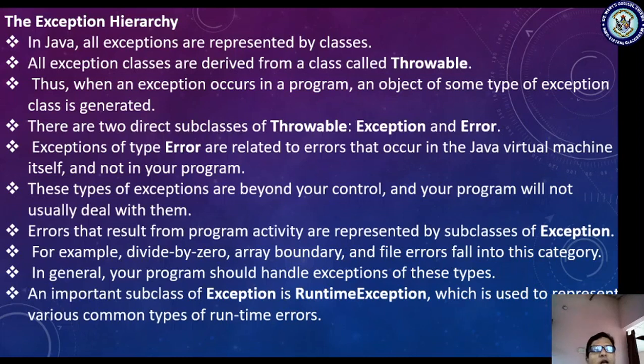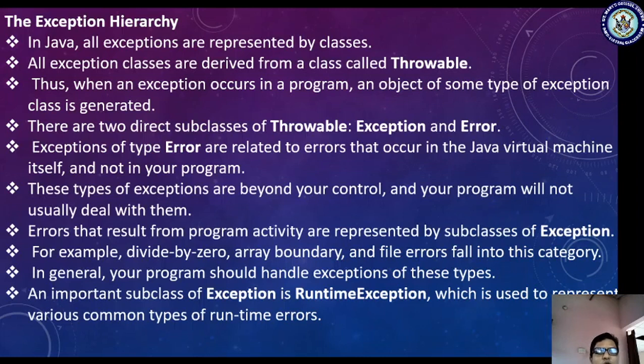Objects. All exception classes are derived from the class called Throwable. Thus when an exception occurs in a program, an object of some exception class type is generated.